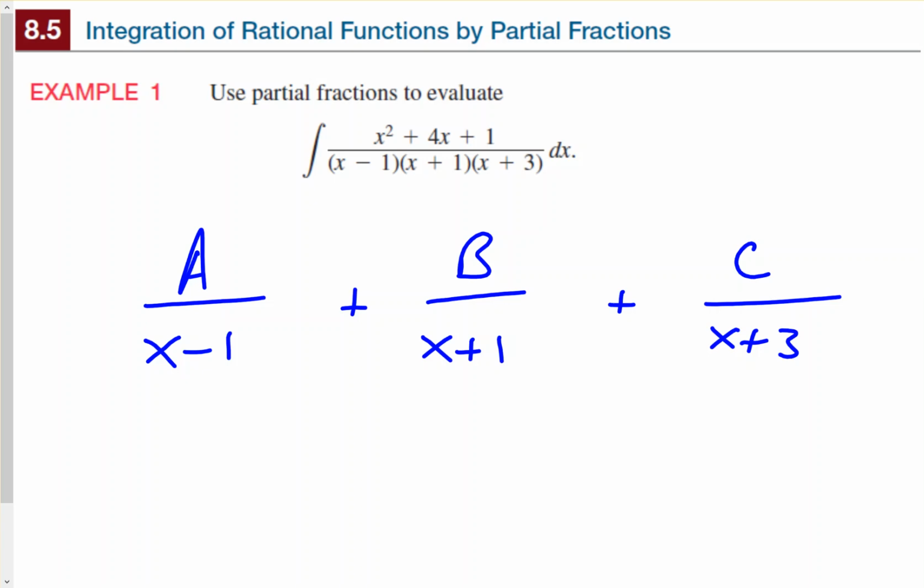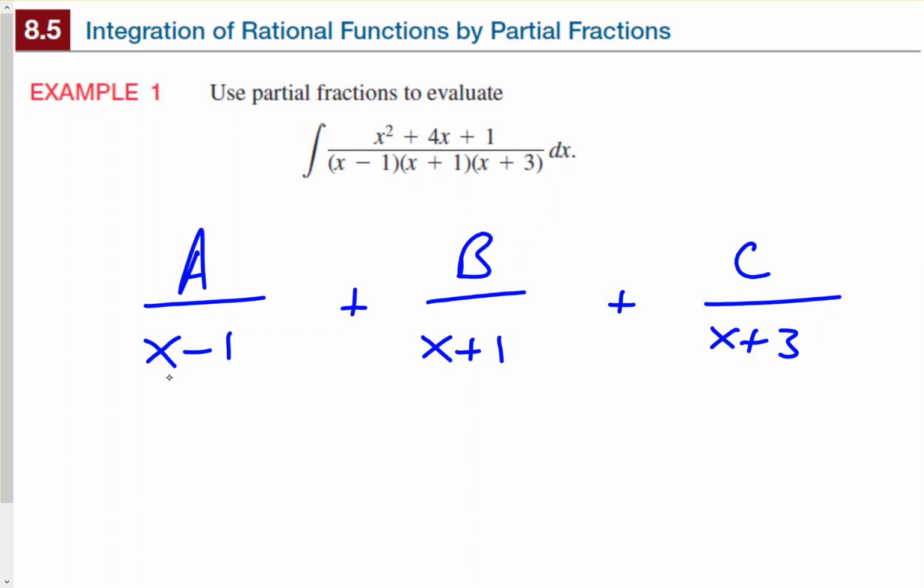And so what I did was I spaced it out intentionally because I want to show you guys how to go about getting these partial fractions, right? The idea between each of these three fractions is we want to get a common denominator, right? Now the common denominator happens when we take all three of these factors and we put them together, right?